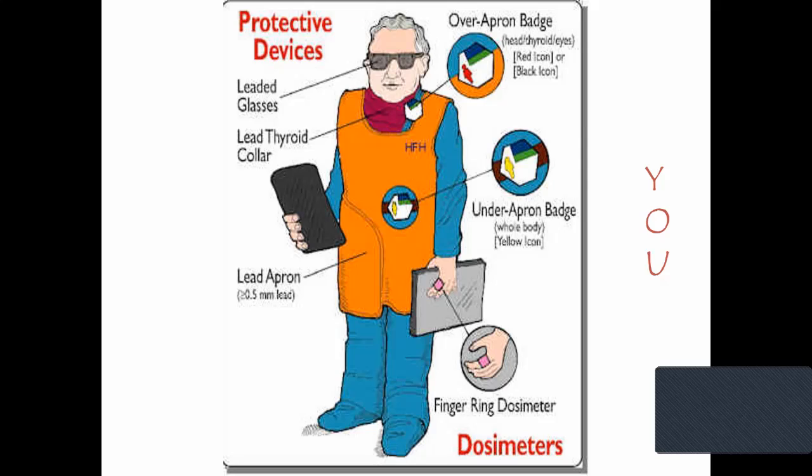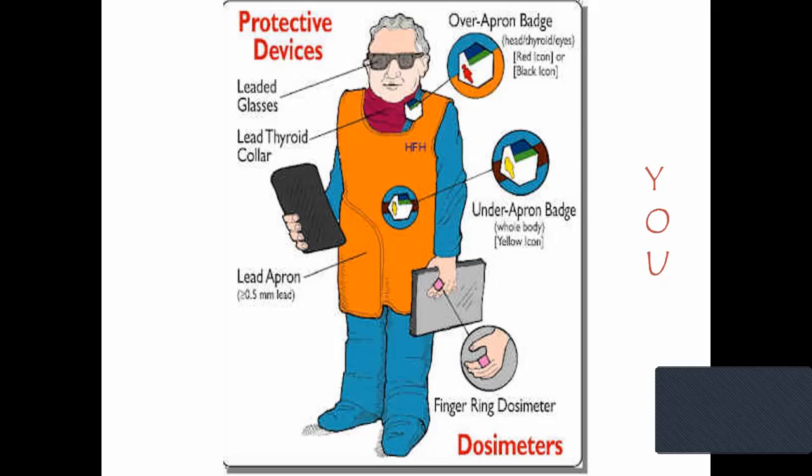So these film badges, after a 3 or 4 month interval, we send to the BARC center, Bhabha Atomic Research Centre. From there, they give the report on paper stating that this much exposure you got. So based on our age, we should calculate how much exposure is safe for me.